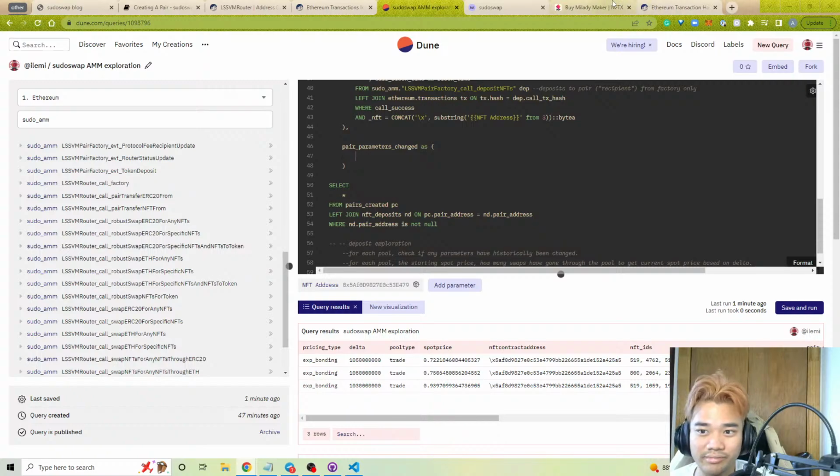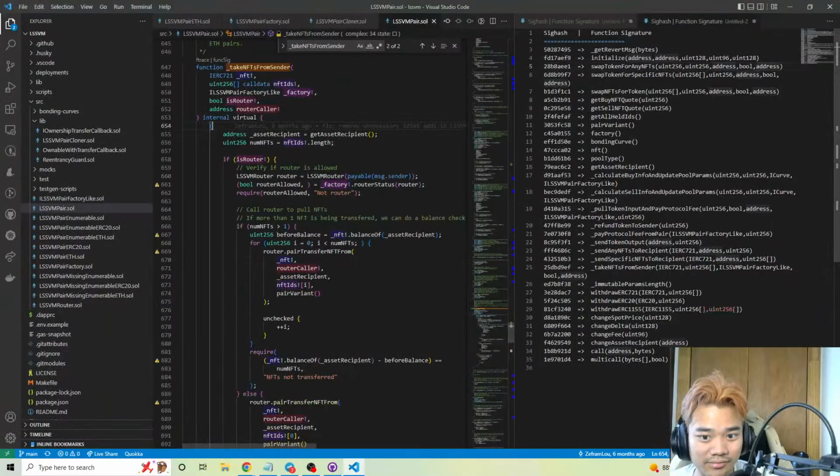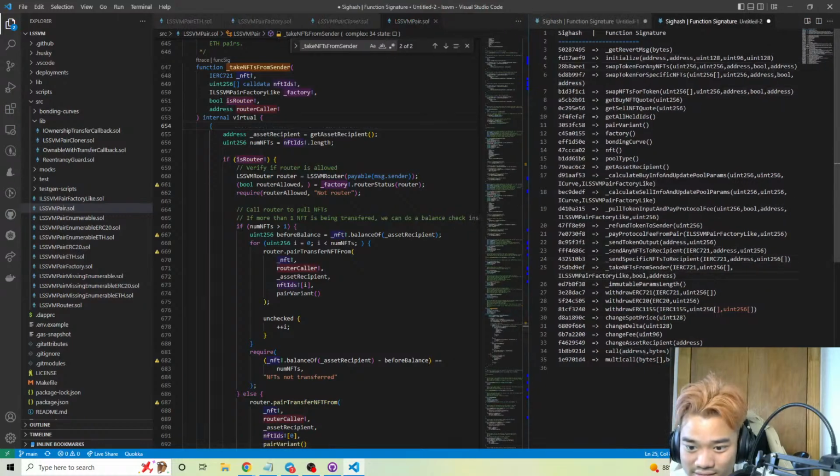We want all of the parameter changes for a specific pair. So probably the fastest way to do this. Oh, there we go. We have 4 function signatures.